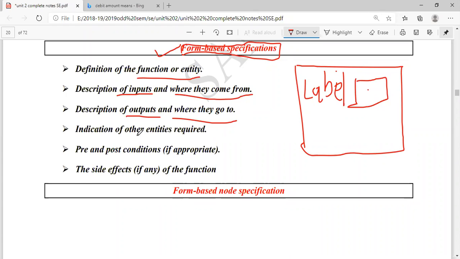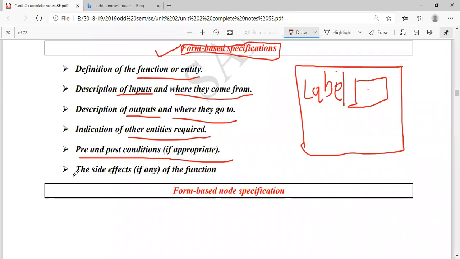Indication of other entities required means we have to identify all the entities of your software. Pre and post conditions, if appropriate. So you have to identify what is going to happen before providing the inputs, what is going to happen after providing the inputs, what outputs are generated, and how those inputs and outputs are handled.